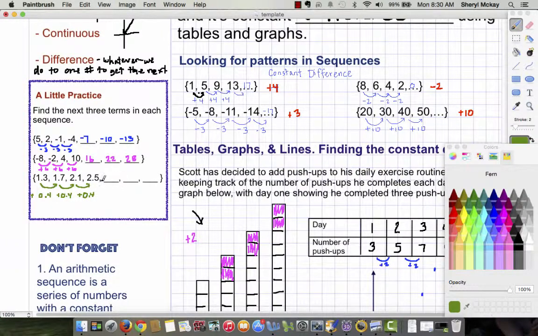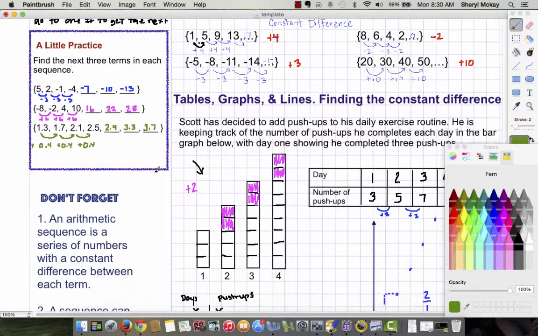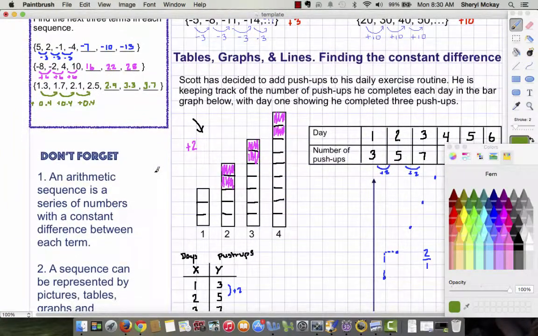So that means we need to add 0.4 to 2.5, and we get 2.9. And when we add 0.4 to 2.9, we get 3.3. And when we add 0.4 to 3.3, we get 3.7. So there we have it, arithmetic sequences.